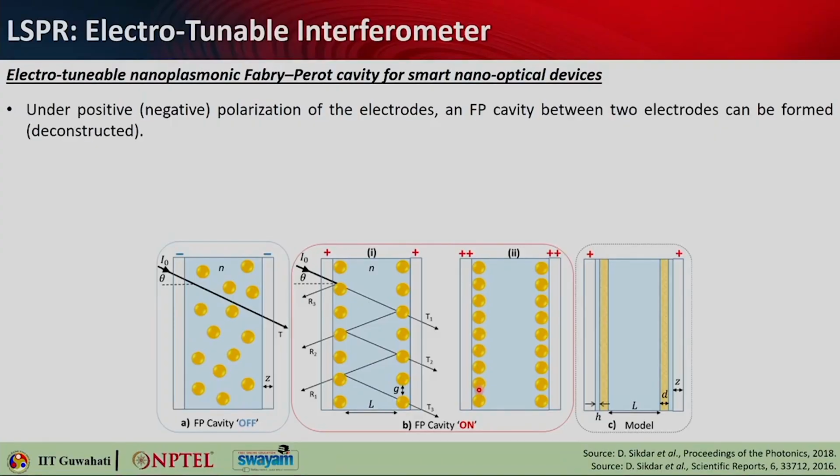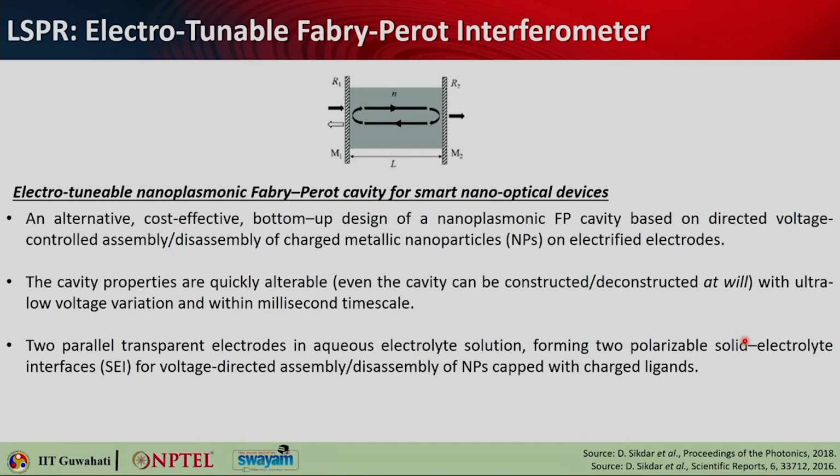So here also you are able to pack a very dense assembly of particles, a 2D sheet of particles, and they form like mirrors. So these are basically electrically tunable mirrors, and using this you can change the transmission wavelength. So one thing I forgot to mention here is that other than this one and this one, the third method is to change the reflectivity R1 and R2 of the Fabry-Perot interferometer.